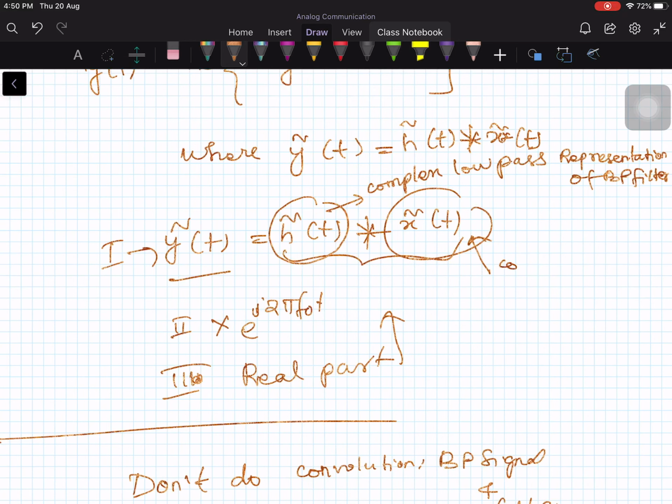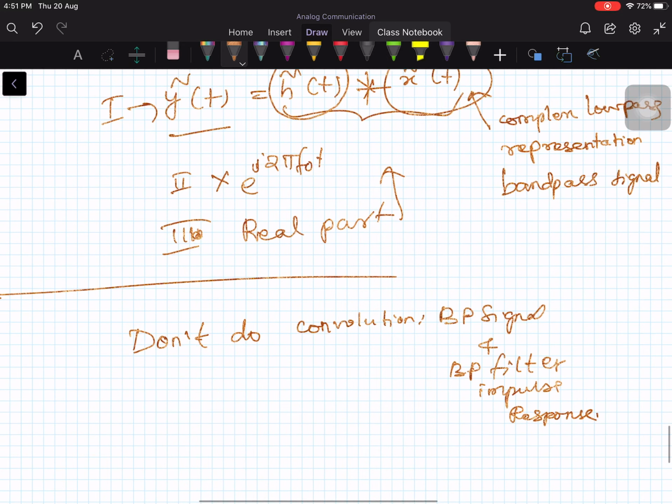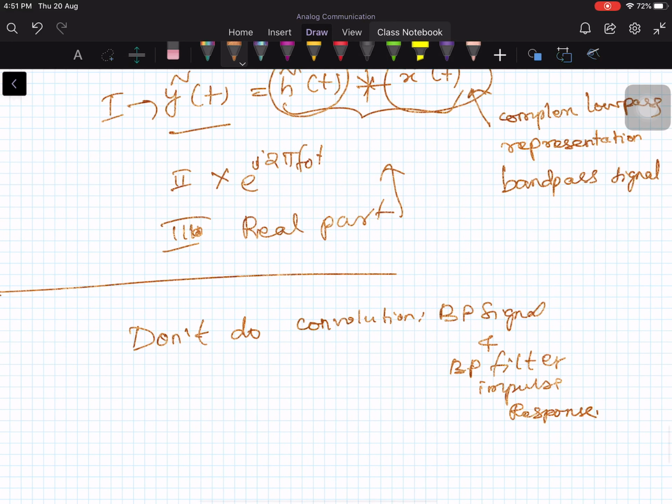Complex low pass representation of what? Band pass signal. So, directly you can convolve. Don't work in the band pass system, because it involves a lengthy calculation, lengthy integration. So, it would obviously be a low pass signal.